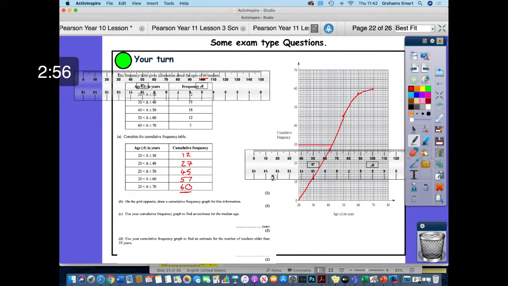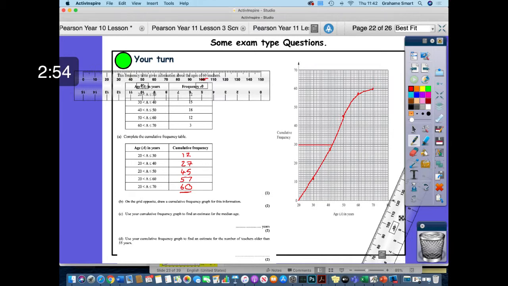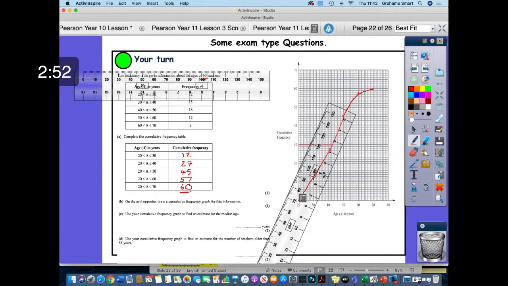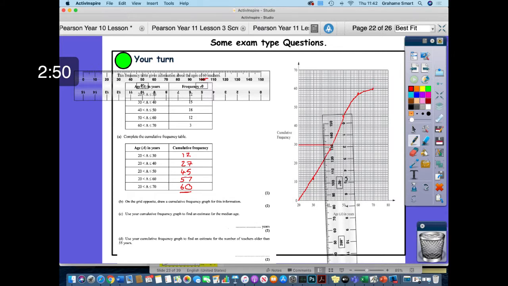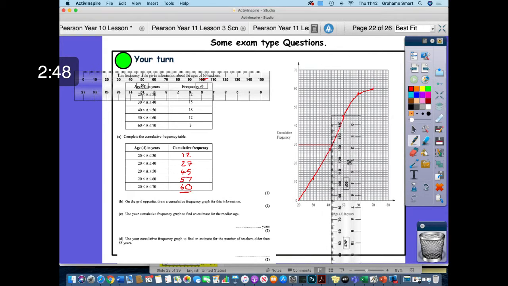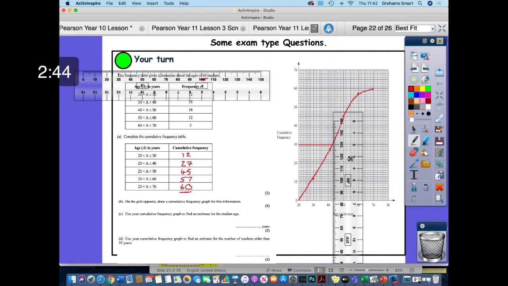It really is actually easier to do it this way. There we go. Try and get that as accurate as possible again. Going down now.